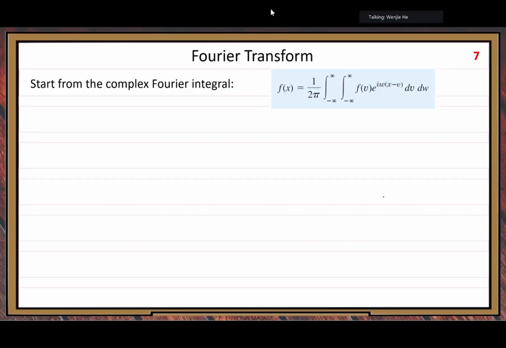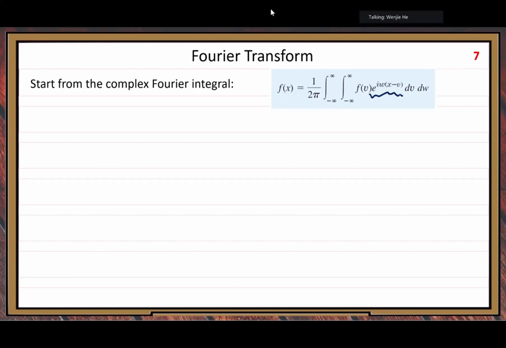Let's look at the structure of this formula. This special e function we used here, what's that? It has a special role, right? We call it the kernel.